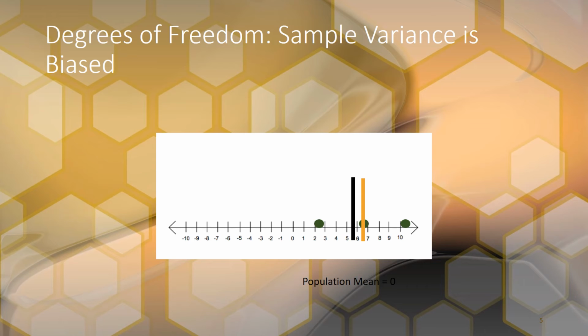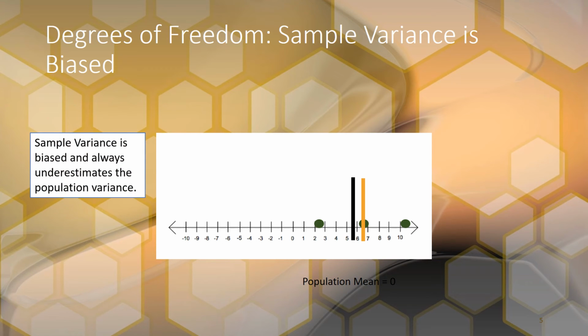So on average, they're going to be closer to the sample mean, and if they're closer, that means there's less variability, and variance is a measure of variability. So if they're closer to the sample mean than they are to the population mean, then the sample variance is going to always be biased and always underestimate the population variance.